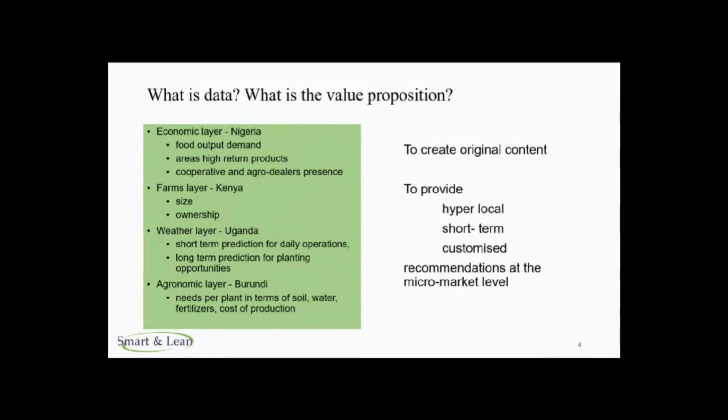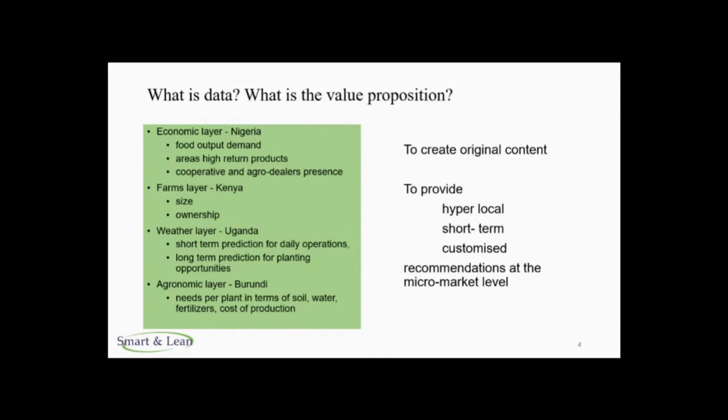The third layer is weather layer, right to say, from Uganda, to be able to make short-term predictions for daily operations for farmers and to be able to make long-term predictions for planting opportunities, to give the farmers the information they need to make right kind of farming decisions.